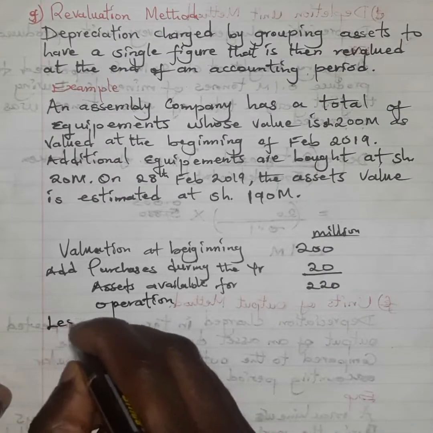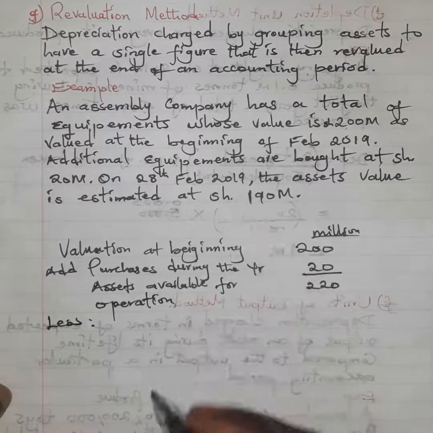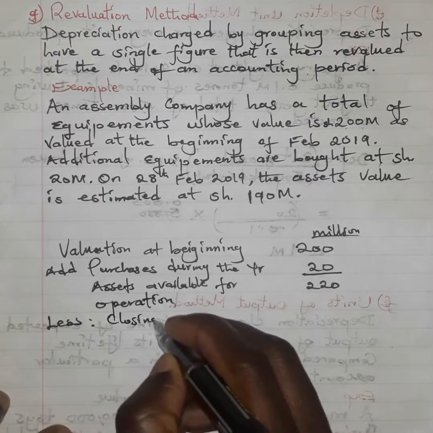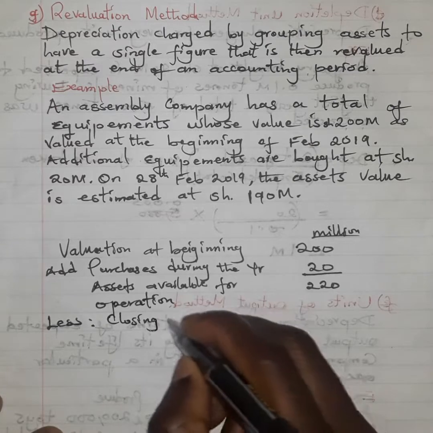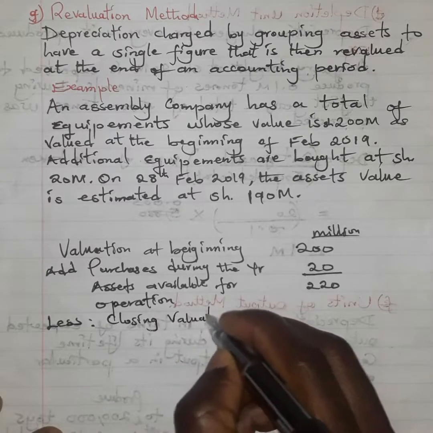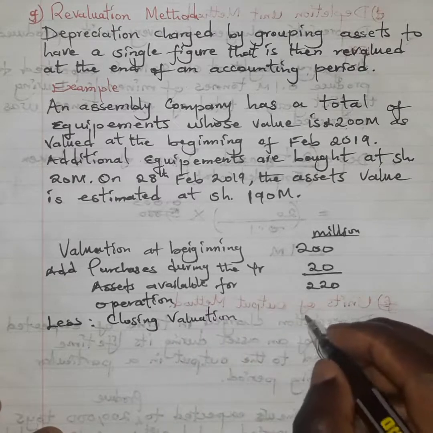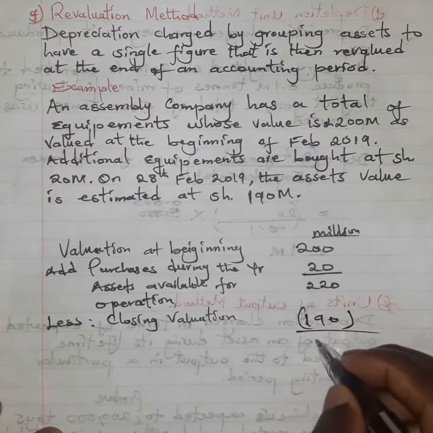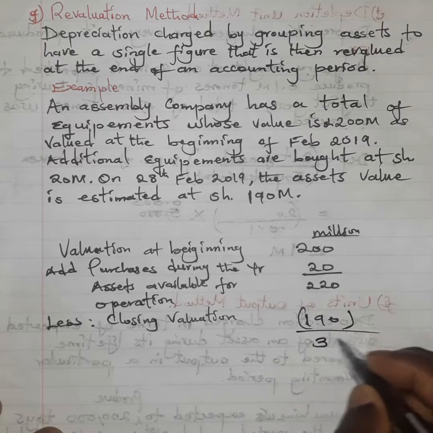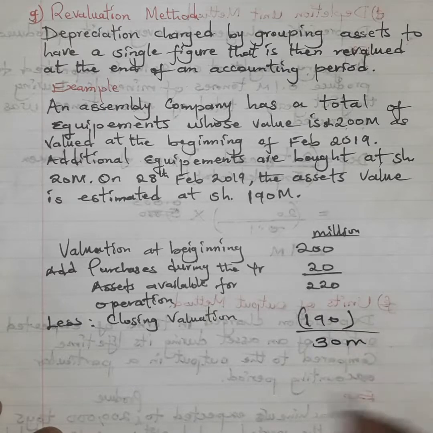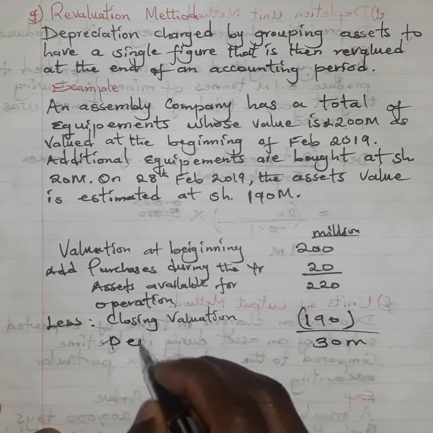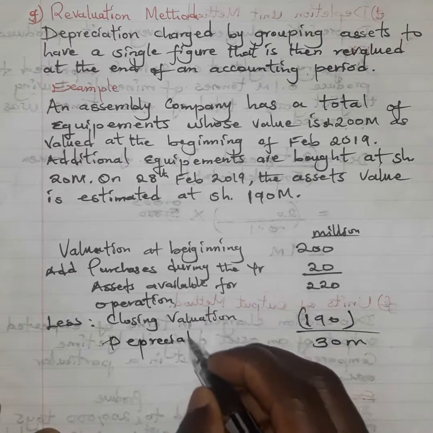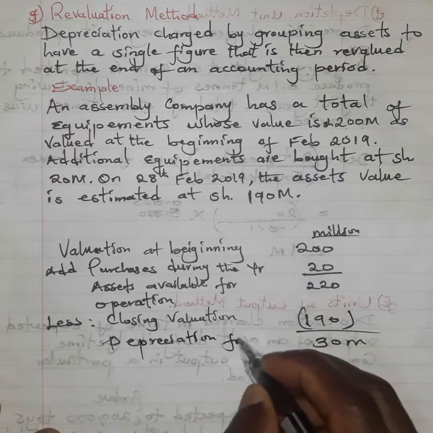But at the end of that month, we had 190, so we are supposed to less the closing valuation at the end, which was 190. When we deduct this, we get a value of 30 million. And this was the amount of depreciation that was charged for the year.